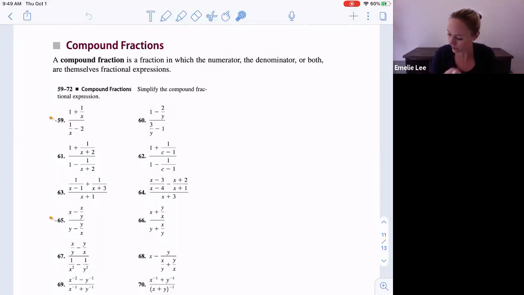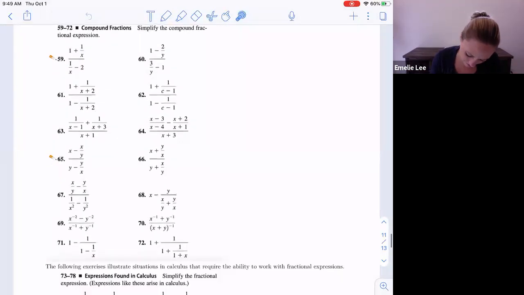And just for practice, let's do 72 because it's got a fraction. It looks kind of like 3 fractions in there, but it needs to get zipped up, right?